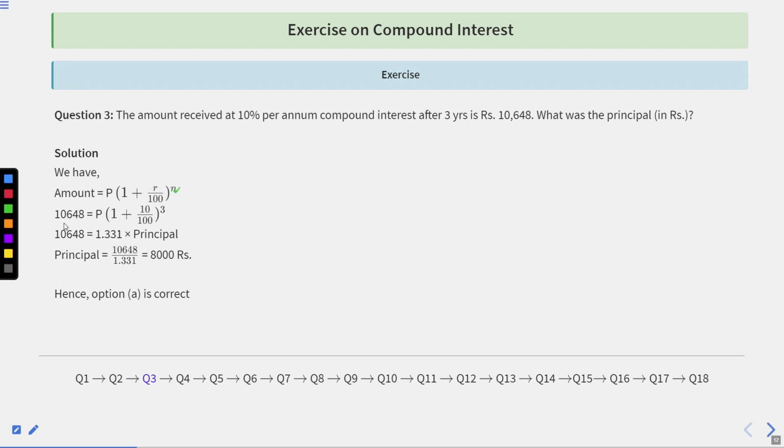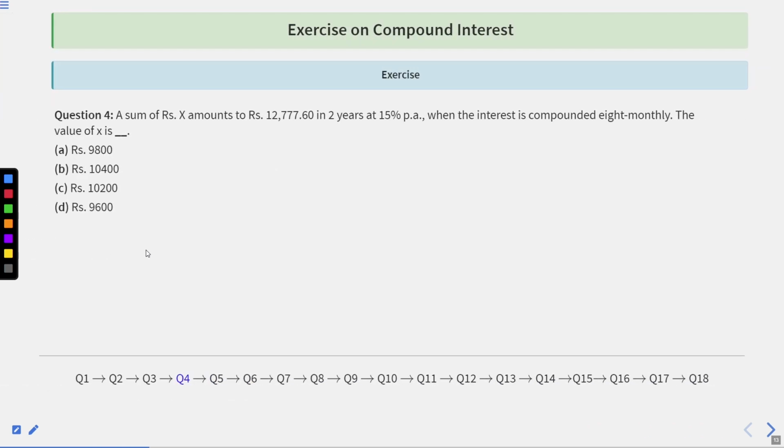The amount is 10,648 equal to P times (1 plus 10 upon 100) whole cube. So it will be 10,648 equal to 1.331 into principal. So the principal will be equal to 10,648 upon 1.331, which is 8,000 rupees. The correct option here is option A.